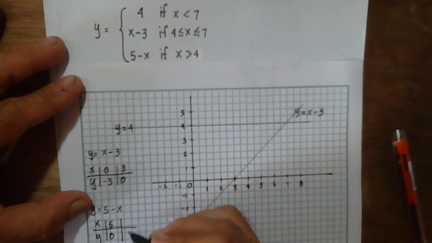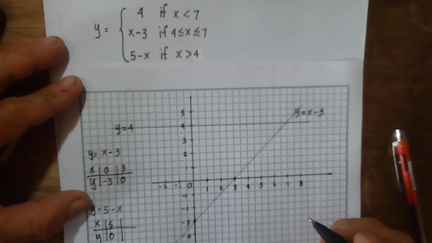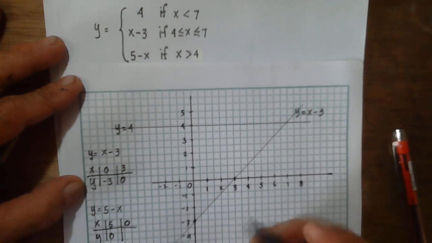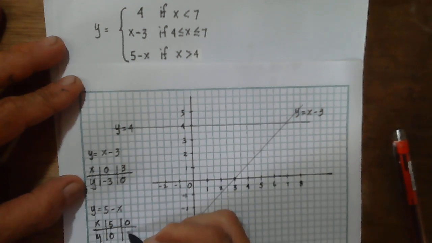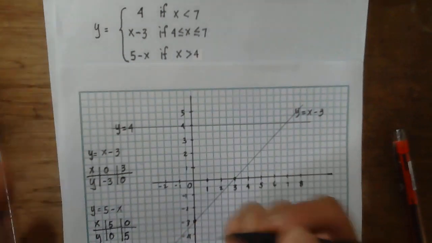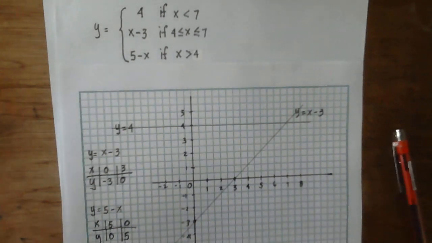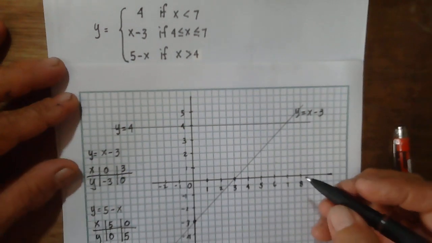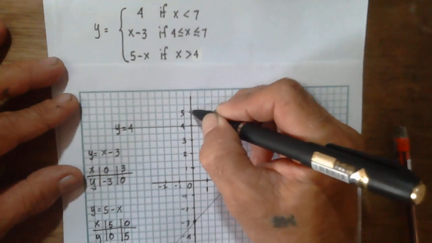When x is 0, y is equal to, again, positive 5. So when x is 0, y is 5.